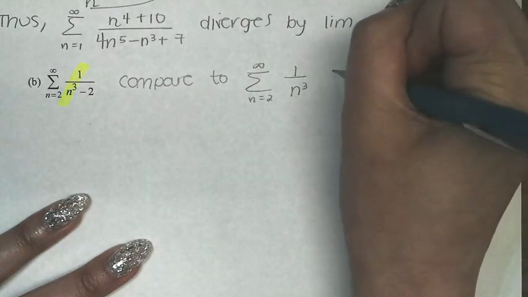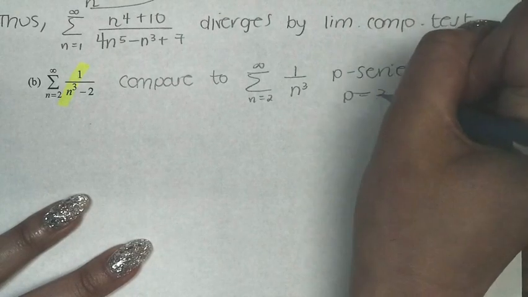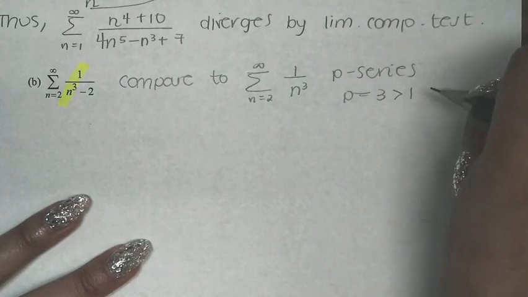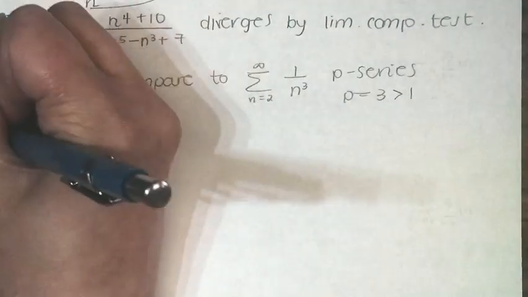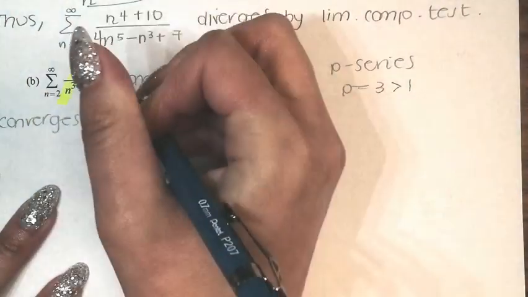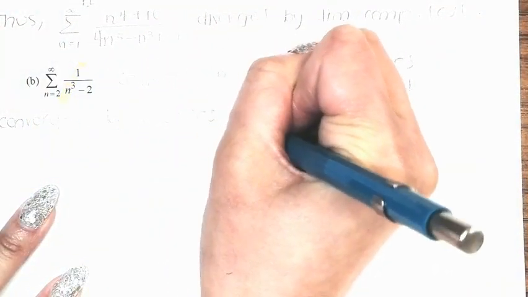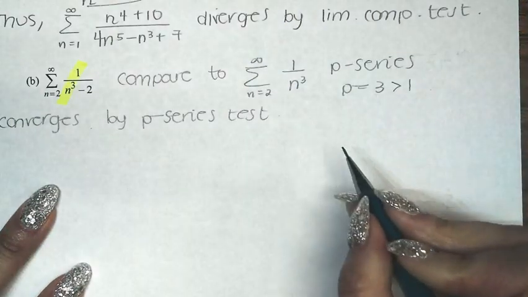This one is a p-series, and you can see that your p is equal to 3, which is greater than 1. So what you can conclude here is that it converges, by p-series test. So we're all happy about that.